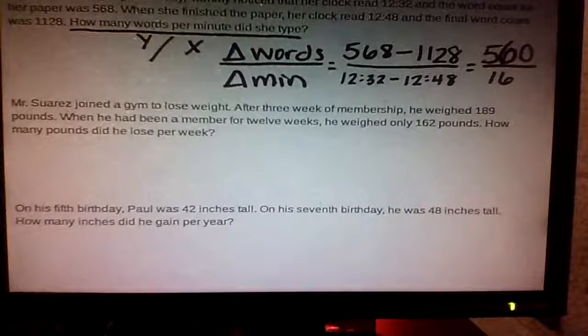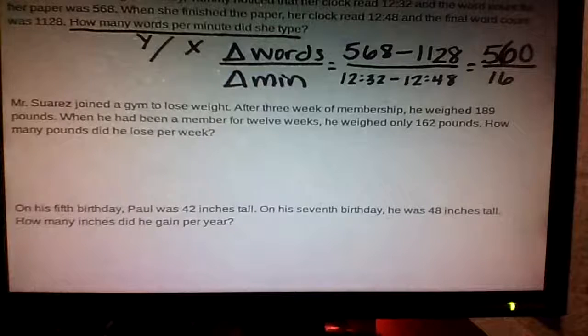Ooh, I stumped them. Because 10 divided into 500 would be 50, and then 6 divided by 6 would just give you another 10. I actually don't know this off by hand.